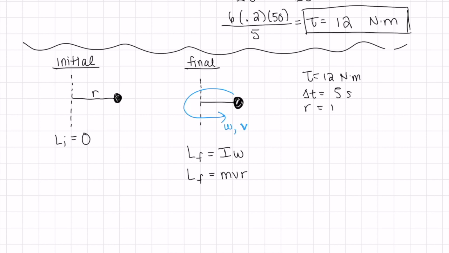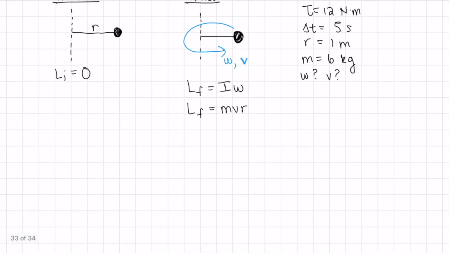Our radius is now 1 meter. Our mass is still 6 kilograms. And we'll solve for omega and for v. So we'll also set up here that L final minus L initial equals torque times delta t. Our L initial is 0. We'll use I omega this time to get omega first.